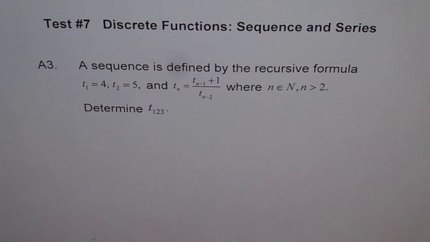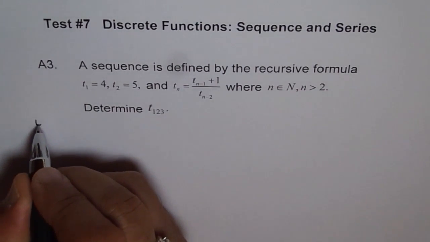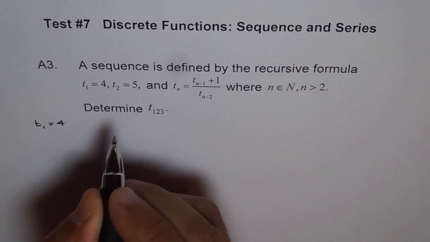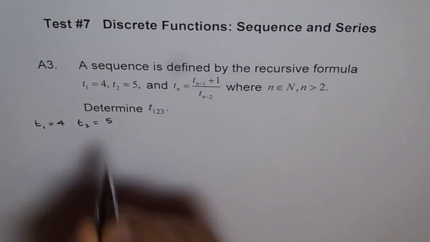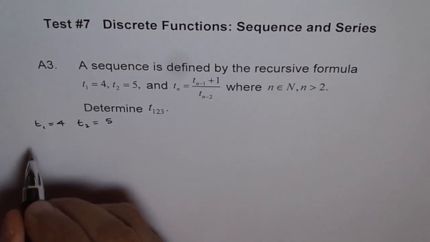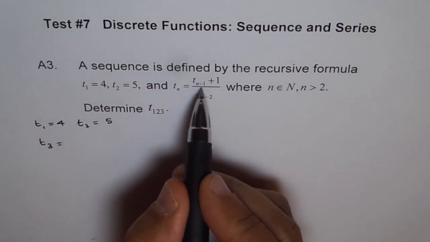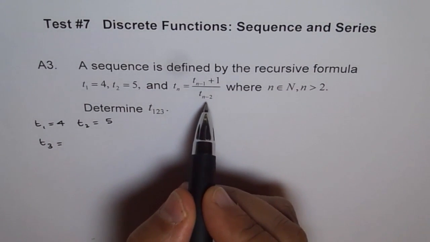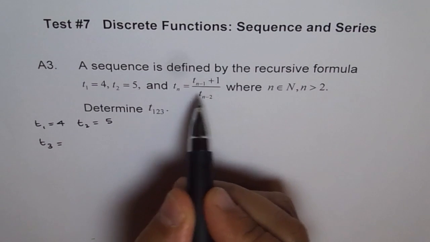Since the recursive formula is given to us, let's find out what the terms are. So t1 equals 4, t2 equals 5. How about t3? t3 equals tn minus 1 plus 1 divided by tn minus 2. I prefer to call it previous term, and this is previous to previous.